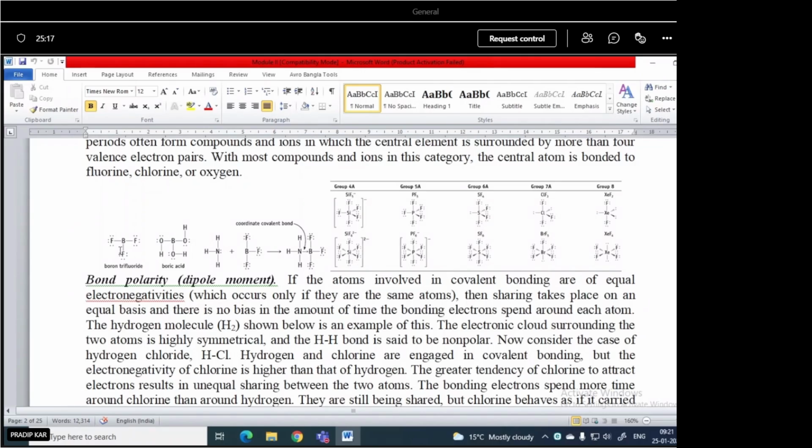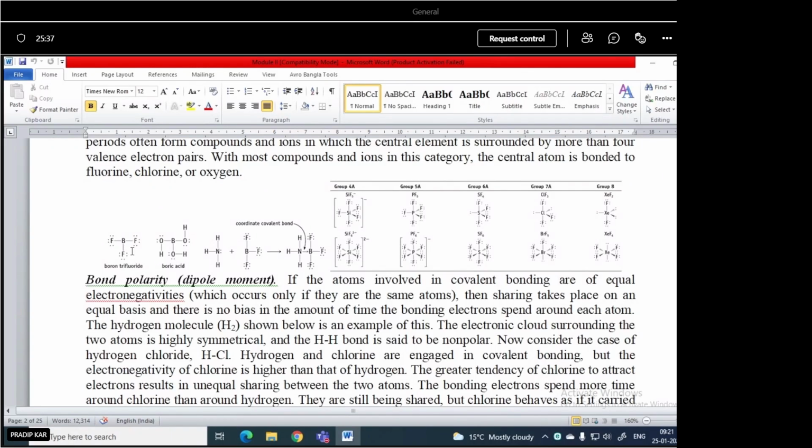Around boron, only 6 electrons are present. But it should have 8 as per the octet rule. Is it clear? Yes, sir. So it is the exception, and that is why it is behaving as a strong Lewis acid.